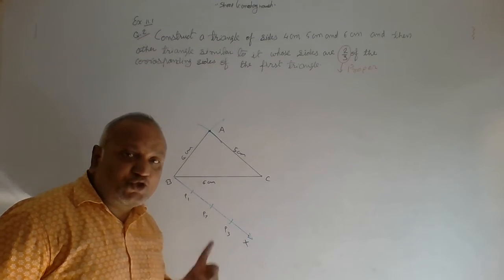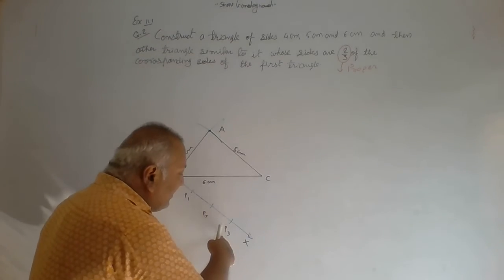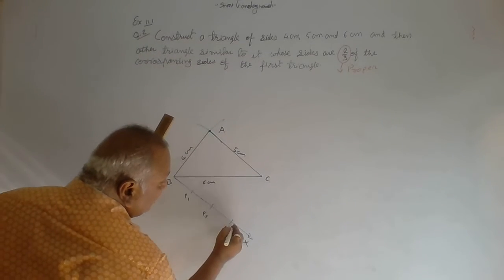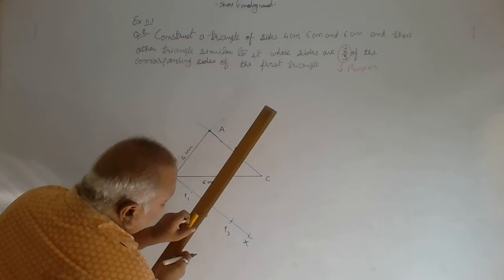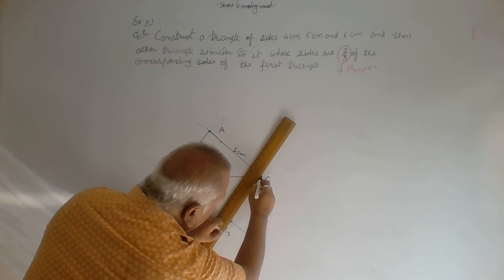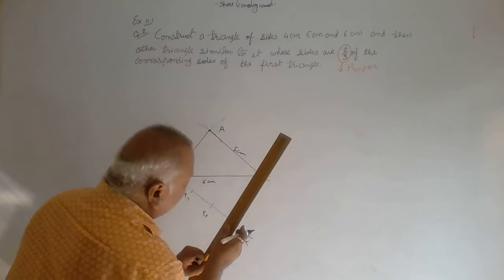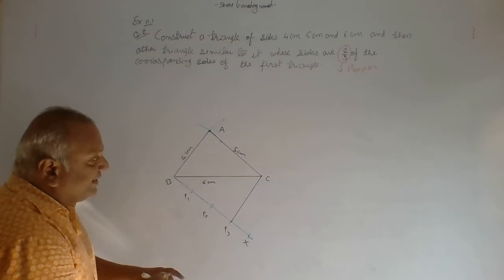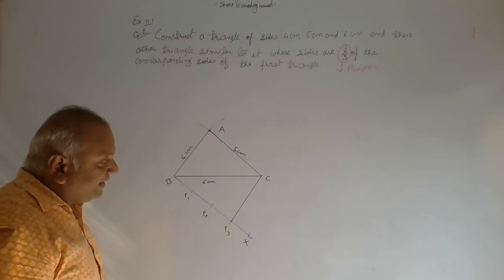Then we have to join C and P3. So now I will join C with P3. These 2 points must be connected, C and P3 like this.